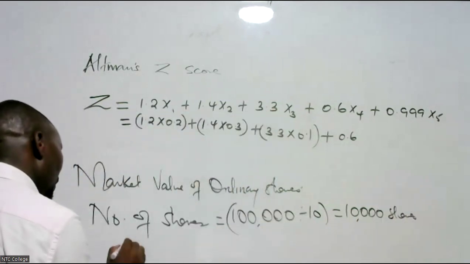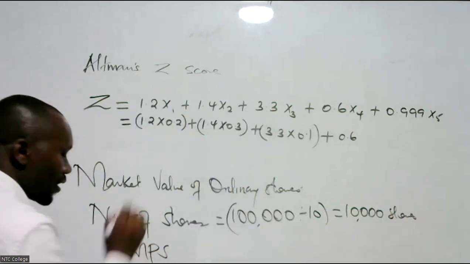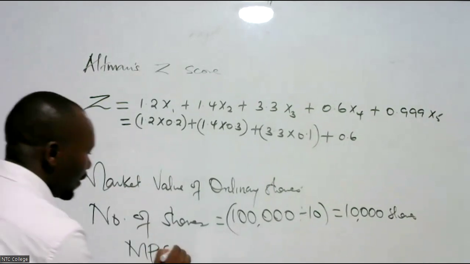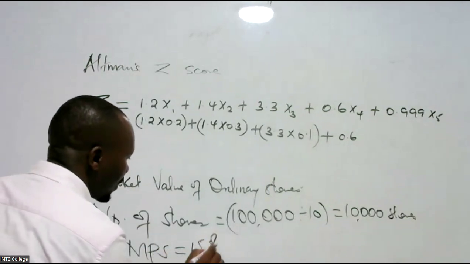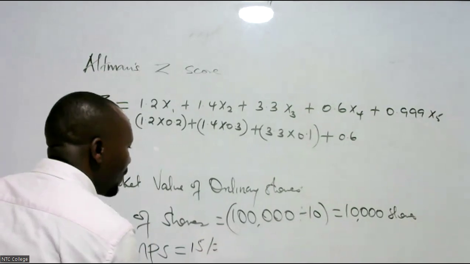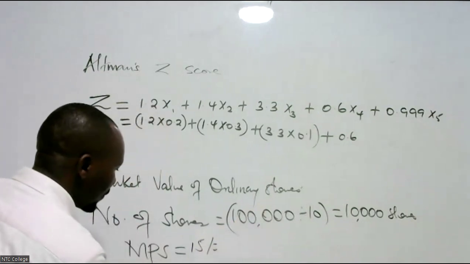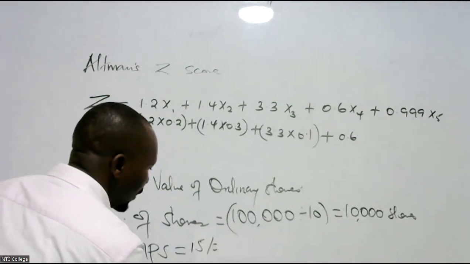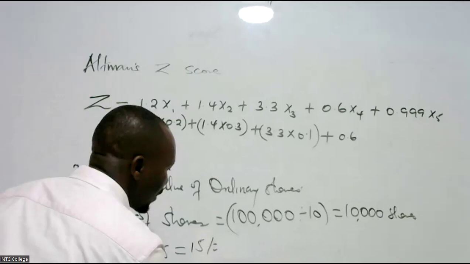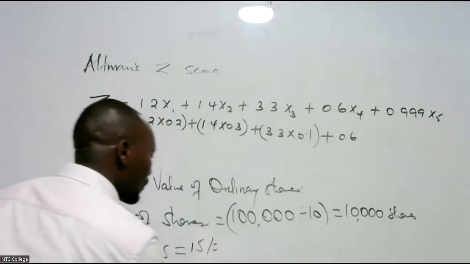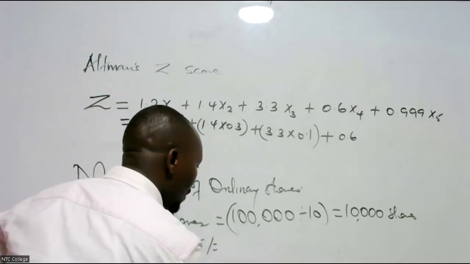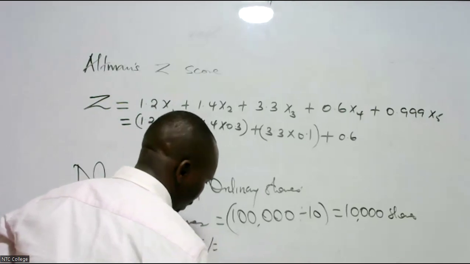The market value, MPS, that is market price per share, is equal to 15 shillings. Therefore 10,000 shares times 15 is equal to what?